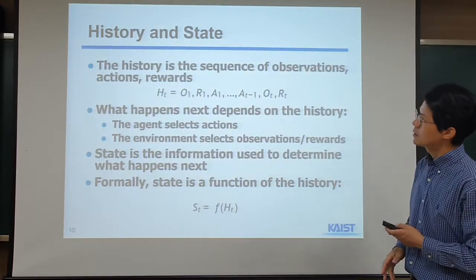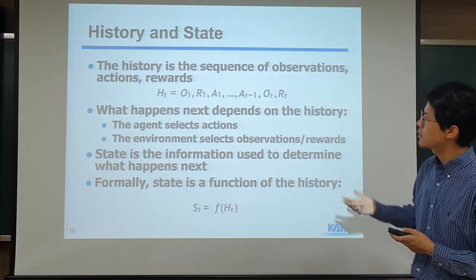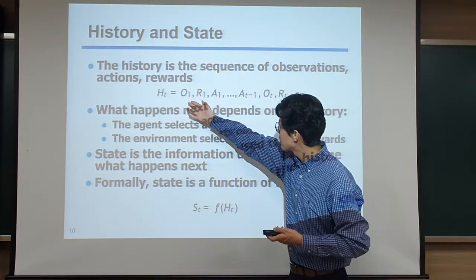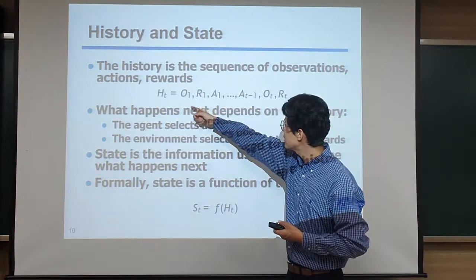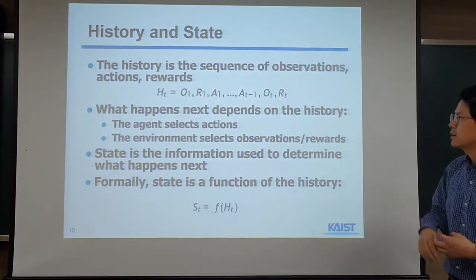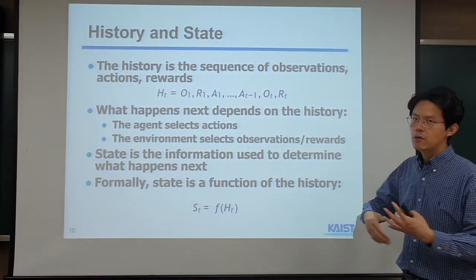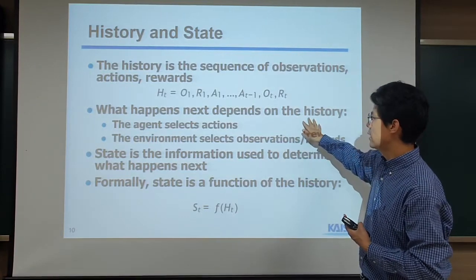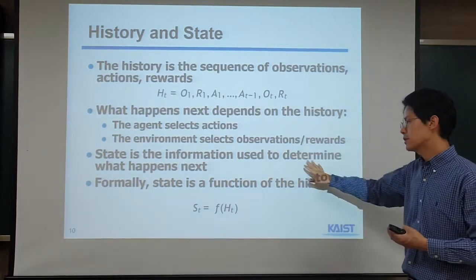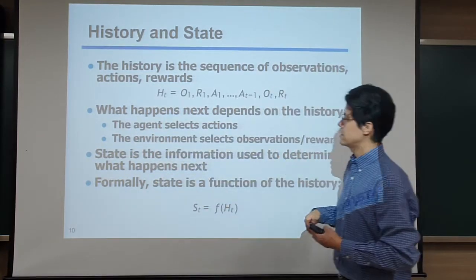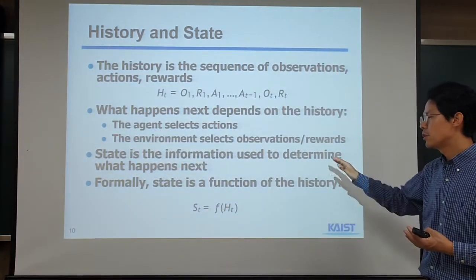Basically, we can think about history, right? History is nothing but a sequence of observations, actions, and rewards. We receive an observation at time t, a reward, and take an action, and we keep doing that, right? Our next action should depend on the history. In other words, this is state. We use the term state, which is nothing but the information used to determine what happens next, right?